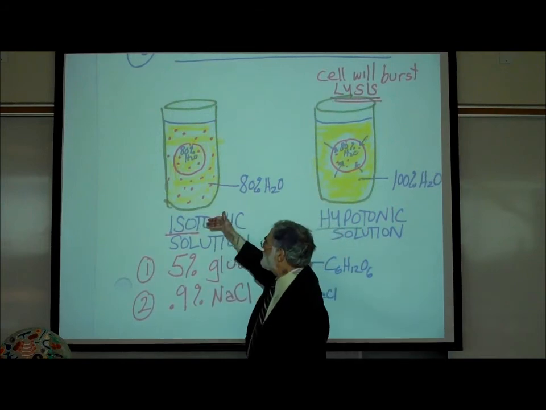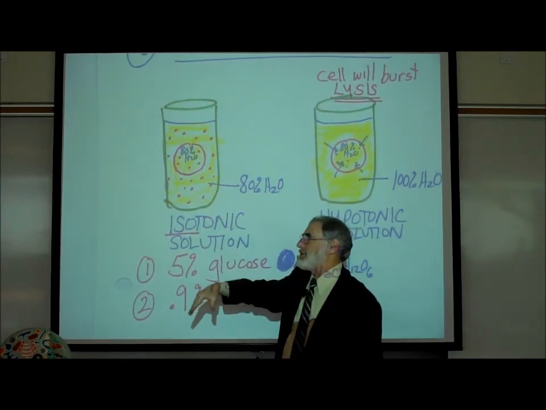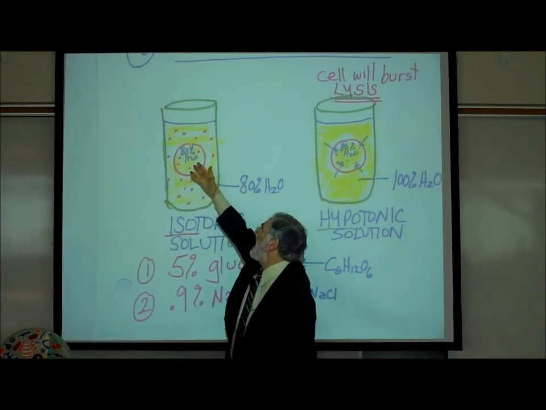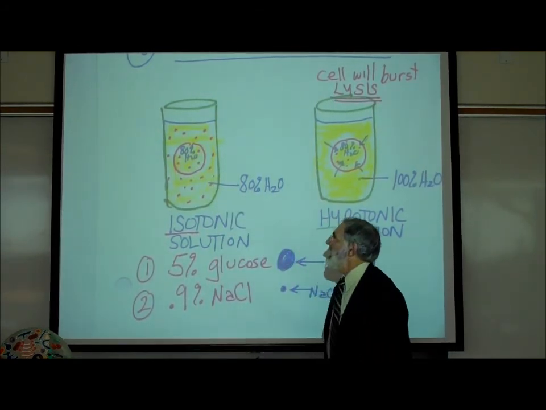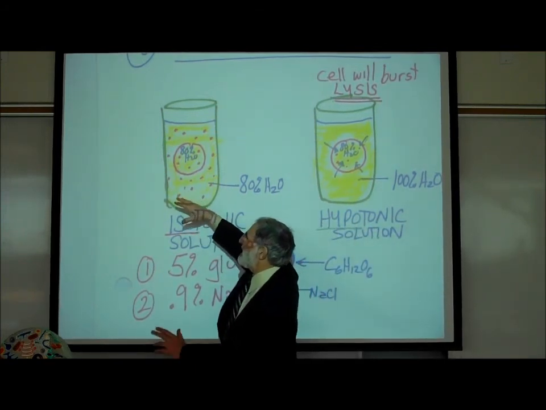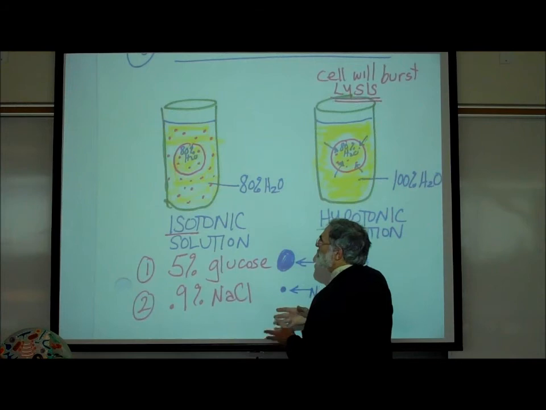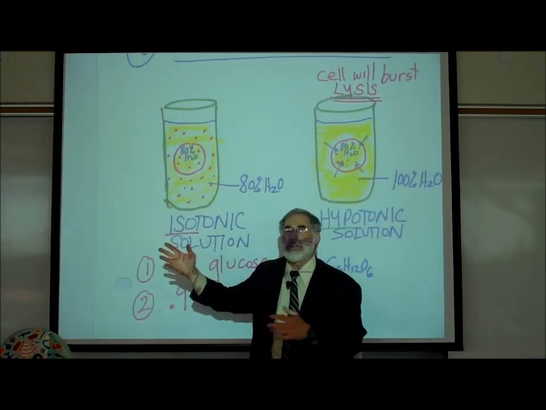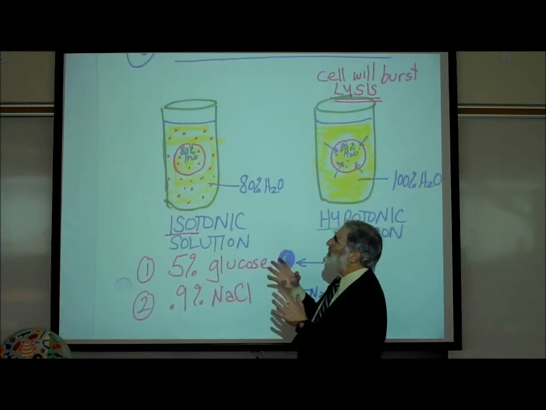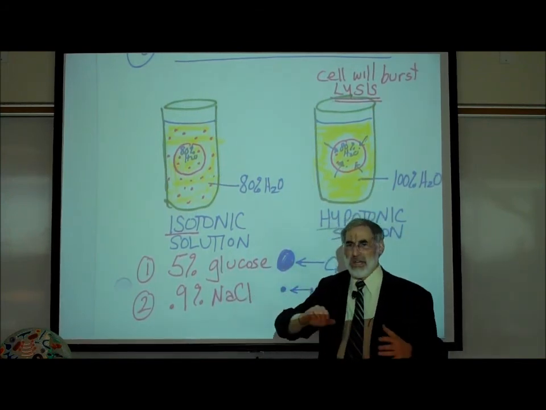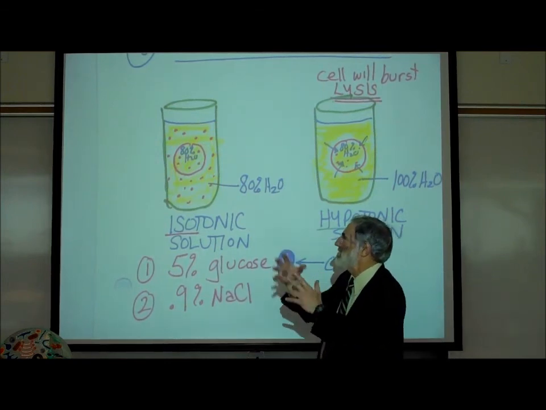So it's the same strength, the same proportion of solutes and water in the fluid outside the cell as inside the cell. And obviously this is a happy cell because there's no concentration gradient for water to either rush into the cell or rush out of the cell. So the cell remains a constant volume. It neither swells up and bursts, nor does it collapse.